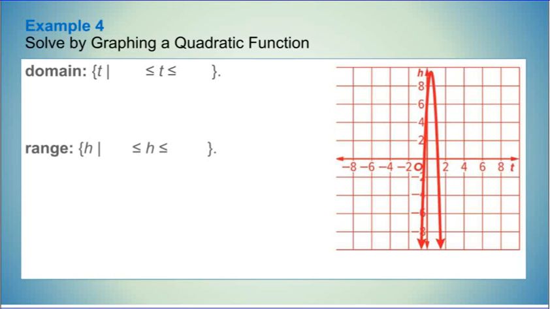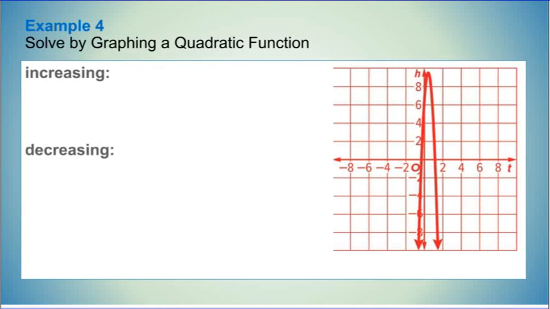Next, the domain. It can't have negative times, so it would be greater than or equal to 0, and this was 1.2. And then the range, the height: lowest is 0, the highest was 9.5. Then increasing when x was less than 0.5, decreasing when x was greater than 0.5.